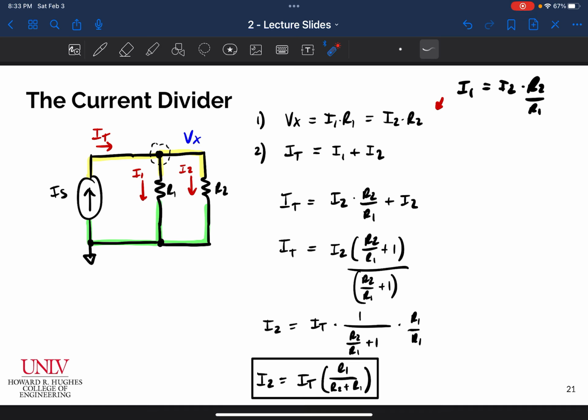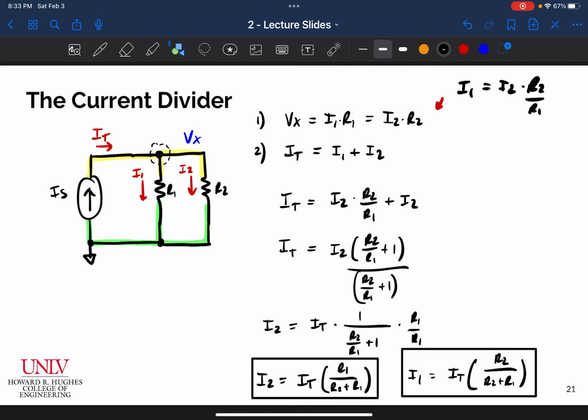I guess you would hope that for memory's sake, the resistor in the numerator would be the one that's actually associated with the current that you're trying to find, but it happens to be the opposite. And so if I were to go through the same derivation for I1, I would basically get that I1 is I total multiplied by R2 divided by R2 plus R1. And so that is the current divider equation.